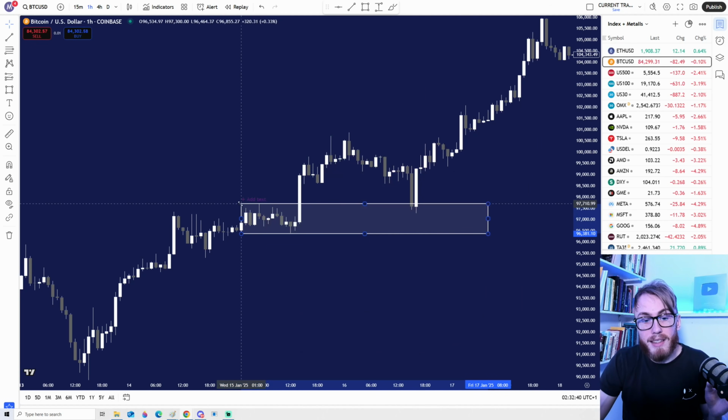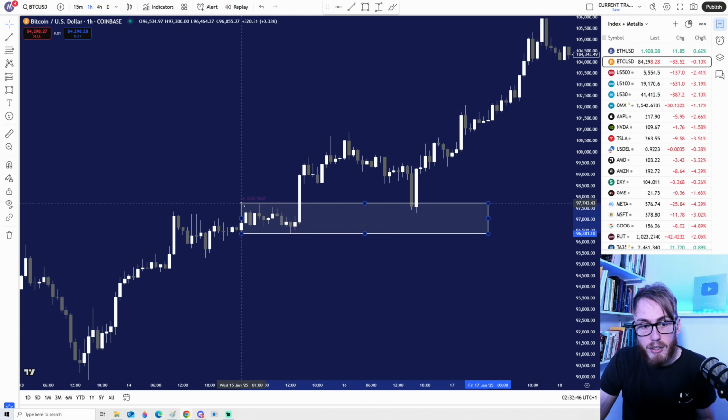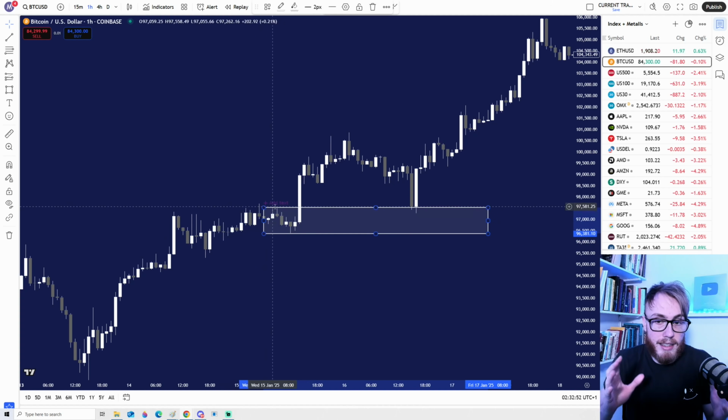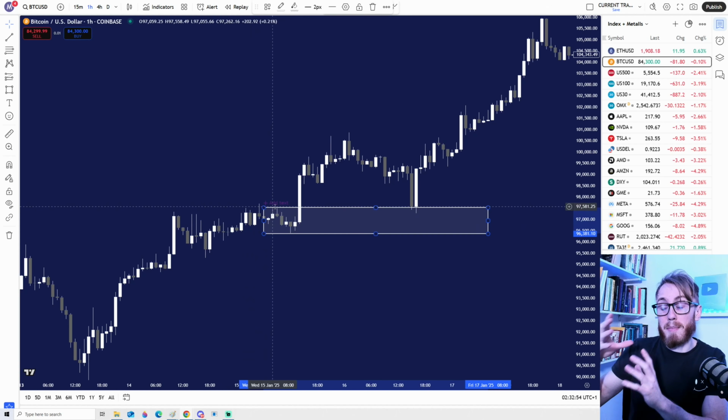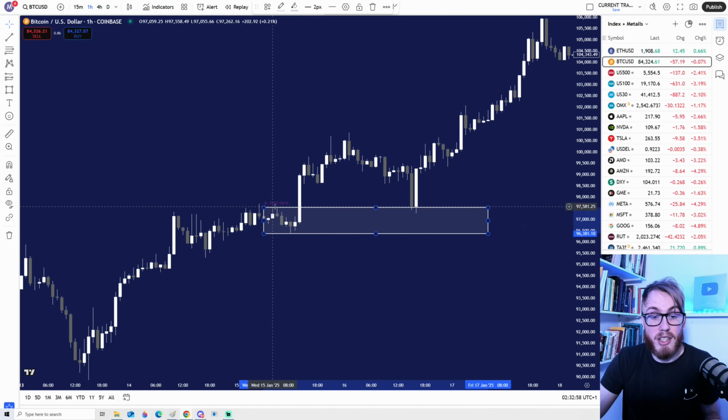But now, and this is very important, and this is also a question I have been getting a lot, and that is, how exactly do we draw these areas? Because these areas are very important. And the truth about this is that many traders have slightly different variations on how to exactly draw these areas.